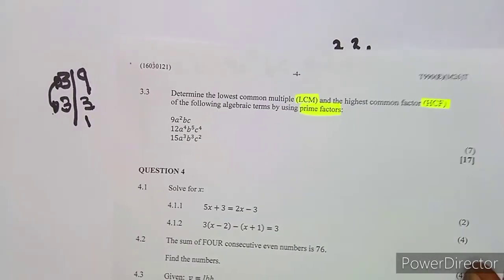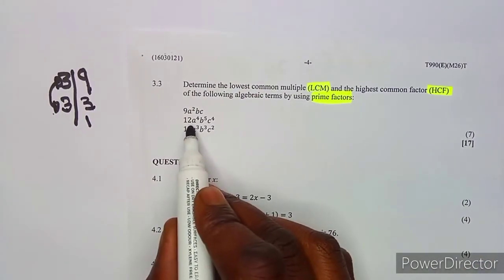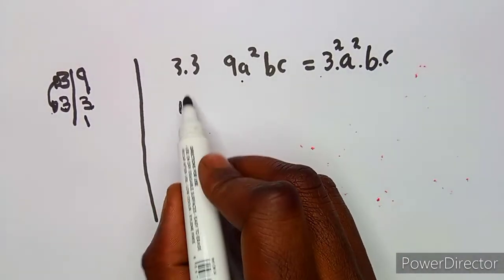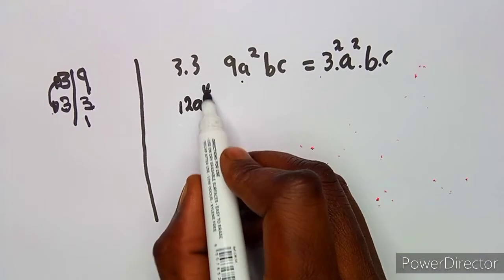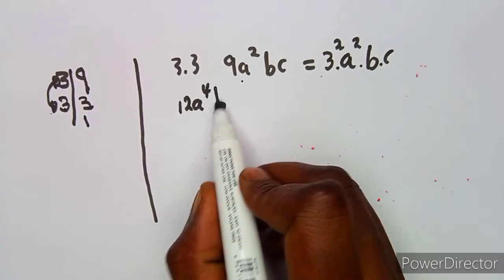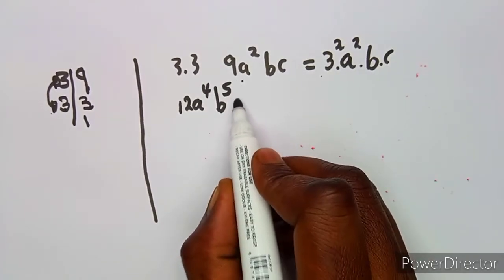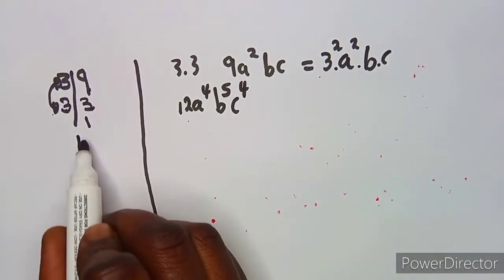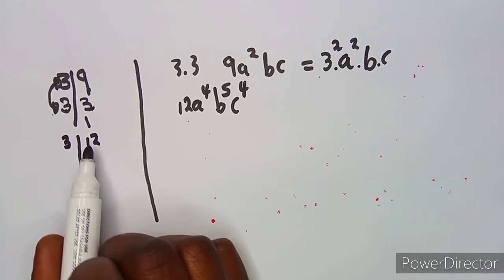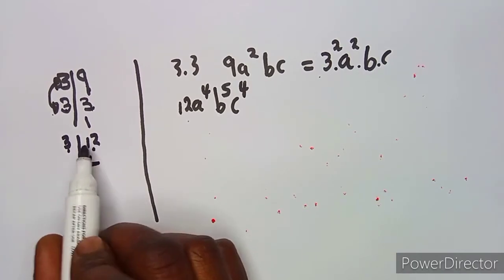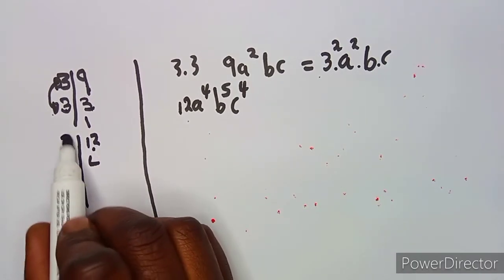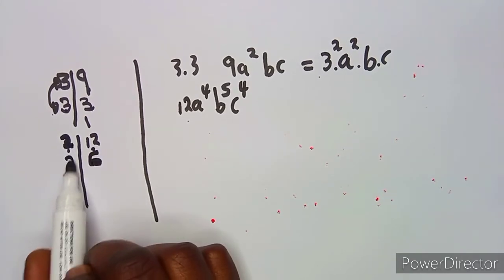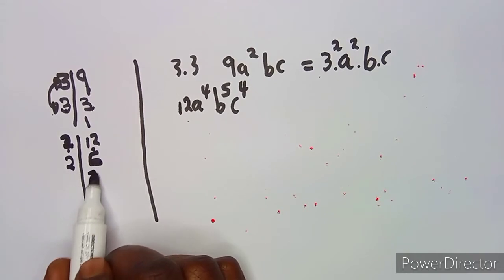All right. We have this part of 12 here. So you've got the same thing again. So this is 12a to the exponent of 4, b to the exponent of 5, c to the exponent of 4. All right. So 12, we're going to start by trying 3. 12 divided by 3, that is 4, so you can just write 2, since 2 is the smallest prime, guys. 12 divided by 2 is 6. We try 2 again. 6 divided by 2 is 3.